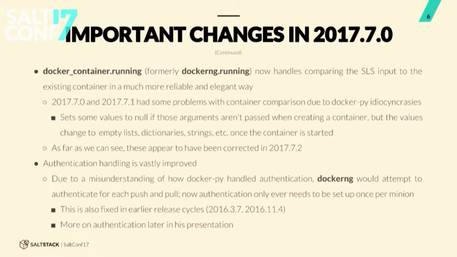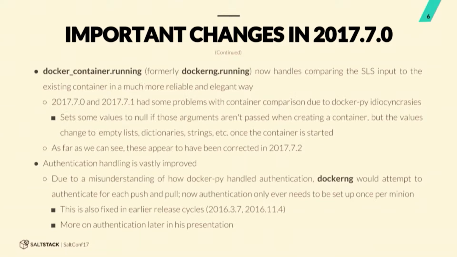The Docker container running state, I sort of alluded to this in the previous slide. It handles the comparison between your input and the running container in a much more reliable way. This is something again that I'll go into depth in a little bit.